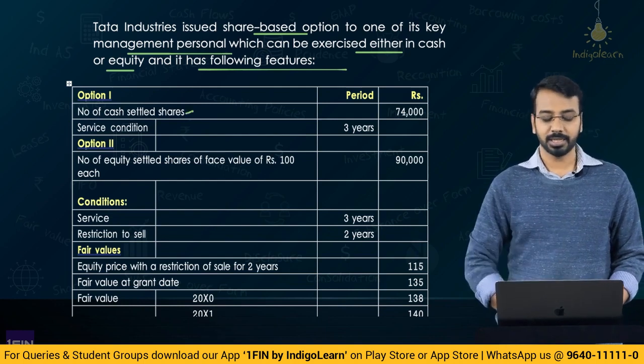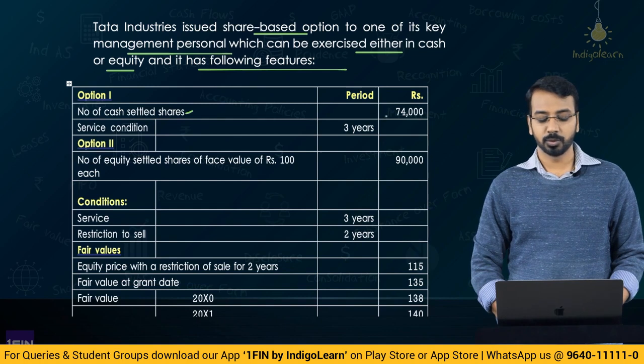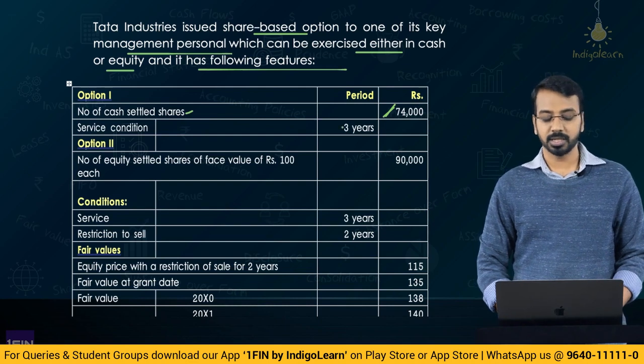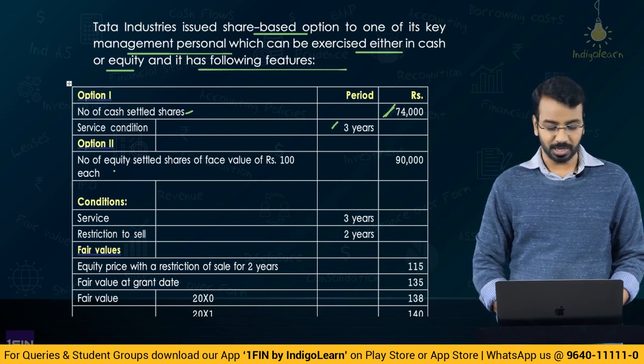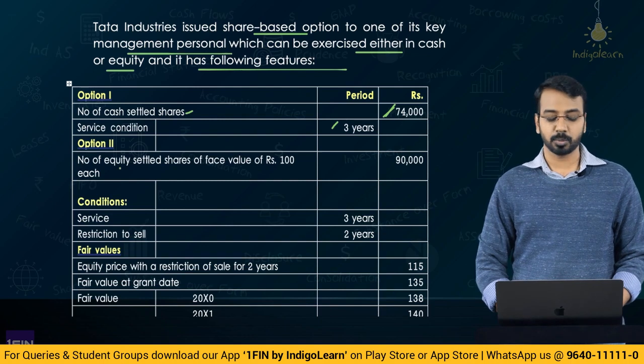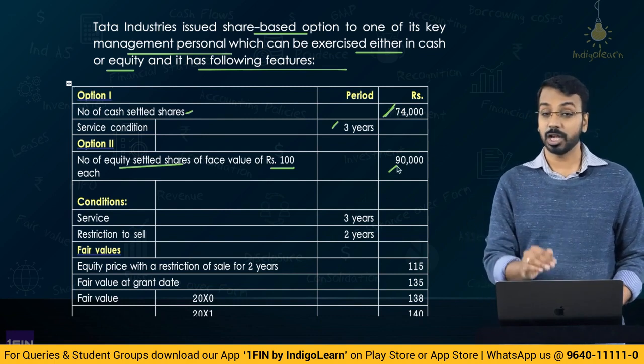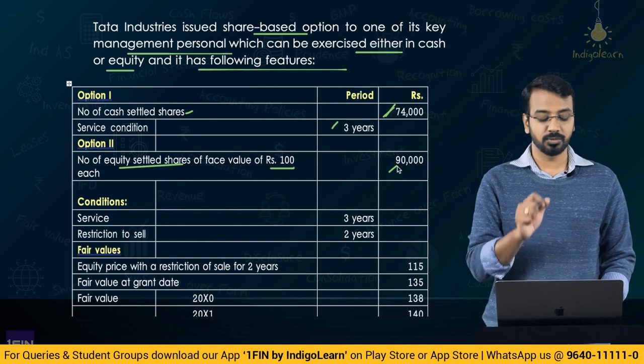So you can settle the shares in cash, and for which you will get 74,000 shares. Otherwise, the service condition is that you have to be in the service for 3 years. Then second option is number of equity settled shares of face value 100 each, you will get 90,000 shares. So 74,000 cash settled shares or 90,000 equity settled shares.